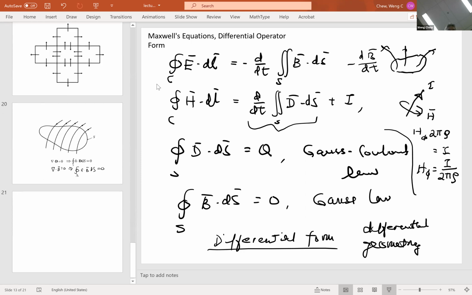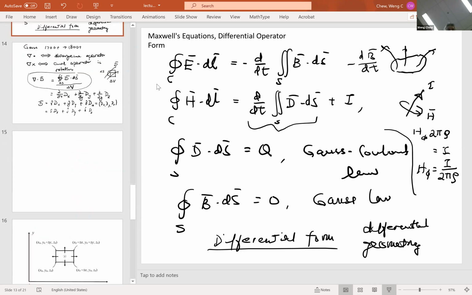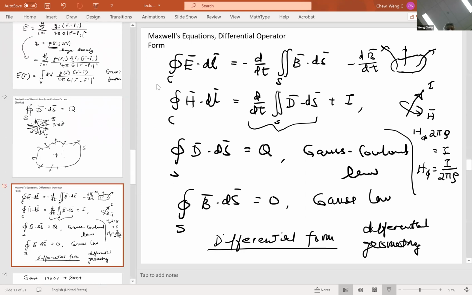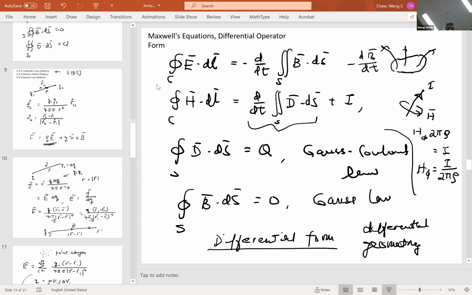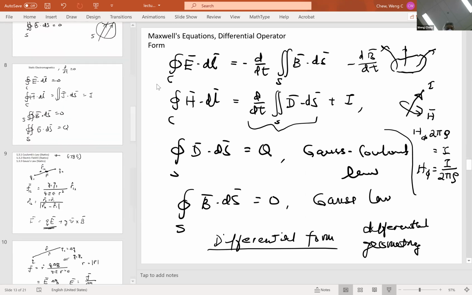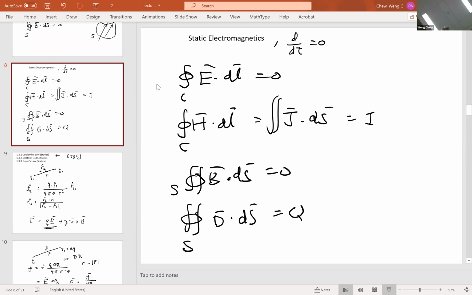Did I go to static finally? Let me see. Yeah, I go to statics. And if I go to statics, d/dt is 0. Then I can drop many terms in Maxwell's equations. So I will have this Faraday's law, which actually becomes Kirchhoff's voltage law.